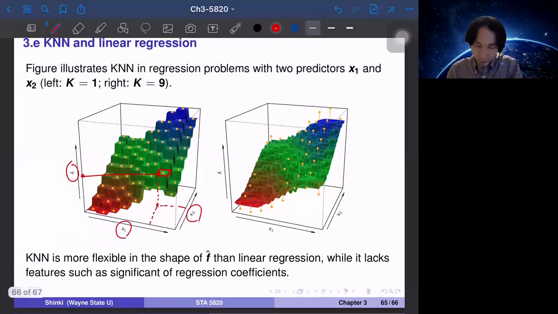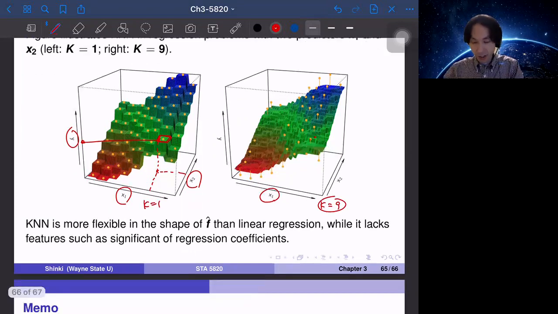Sorry, here k is equal to 1: one closest observation. If we take more observations, then the surface becomes smoother, because when the point moves a little bit, maybe only 1 out of the 9 closest observations changes, so there is only a slight difference in the fitted value of y.